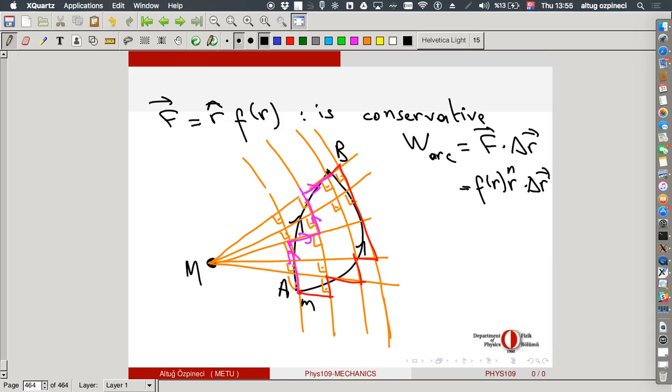Now, what is the work done along any arc? The work done along some arc, it is F dot delta R. But remember, the force is in the radial direction.